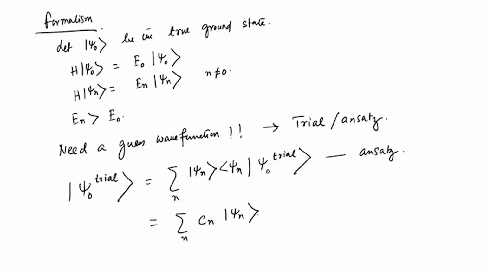And so, this will tell us that the ansatz is exact if C 0 equals 1, and all the other C n, those are equal to 0 for n not equal to 0, right.